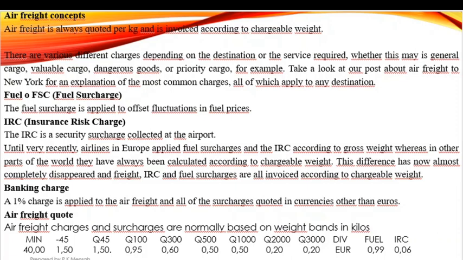It is between 45 and 99. So we use 1.5 dollars. So we are now going into the money. Now look at it, it's per kilo. Air freight charges are based on weight in kilos.